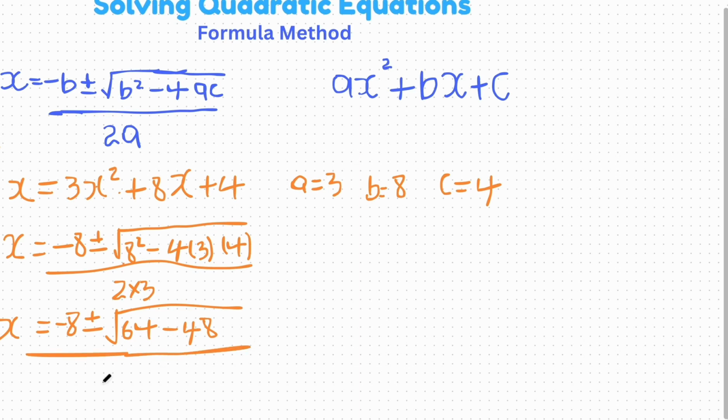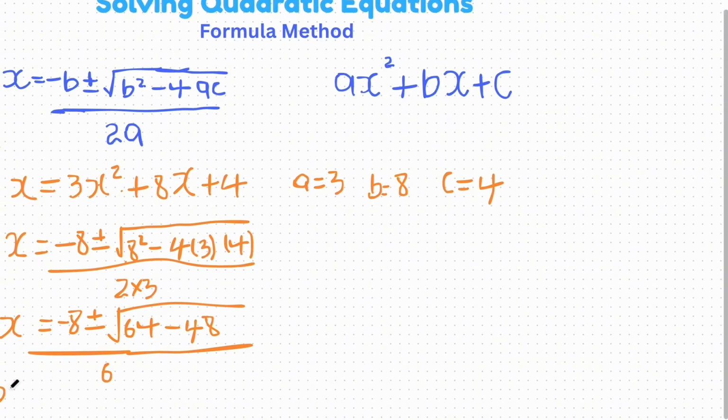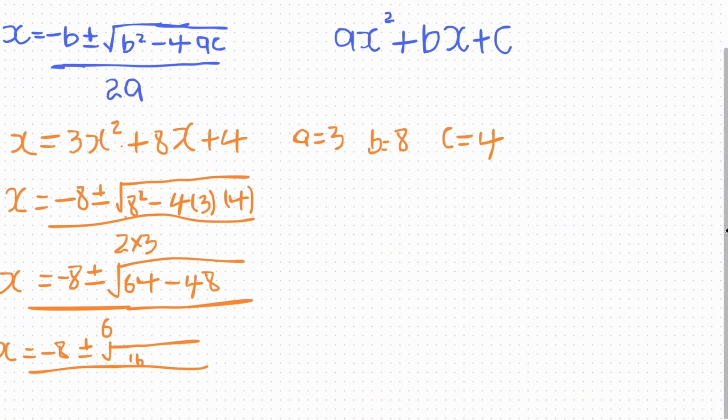Divided by 2 times 3 is 6. x is equal to negative 8 plus or minus the square root of 64 minus 48, and that is what? 64 minus 48 is equal to 16, divided by 2 times 3, which is 6.